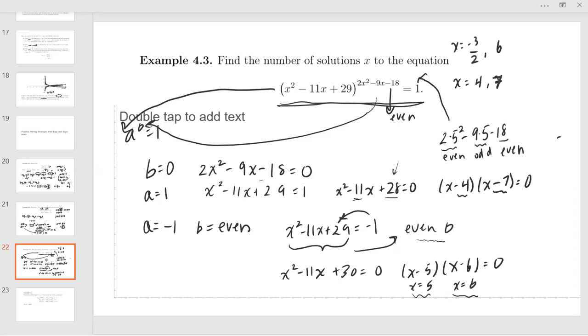So you have an even minus an odd minus an even would be odd. So x is equal to 5 does not work. And then for x is equal to 6, we already have that as a solution, so we don't consider it. We have a total of 4 solutions.